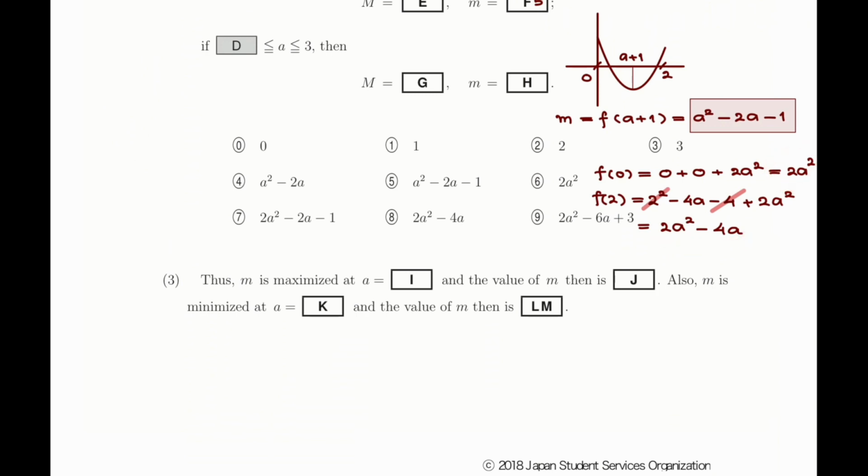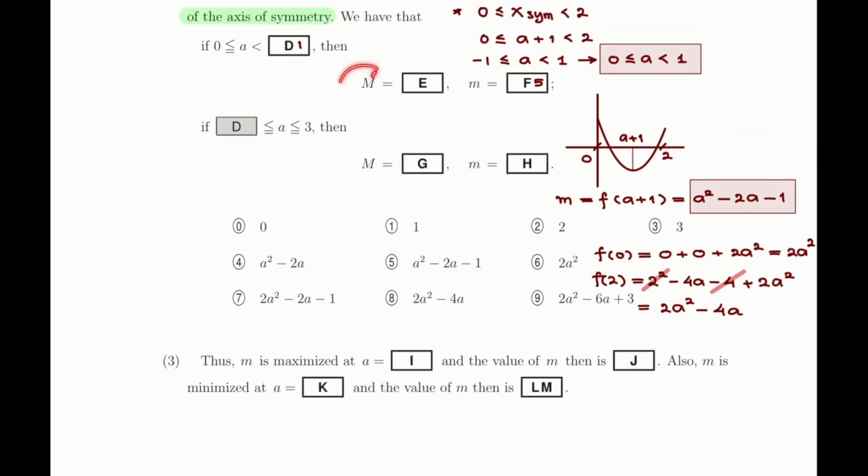So the maximum value of our function is 2a square. This is my capital M. If you see from the choices below, the answer for letter E is number 6.